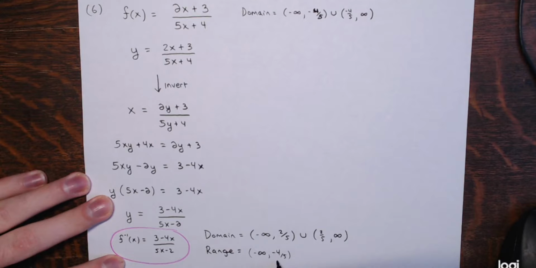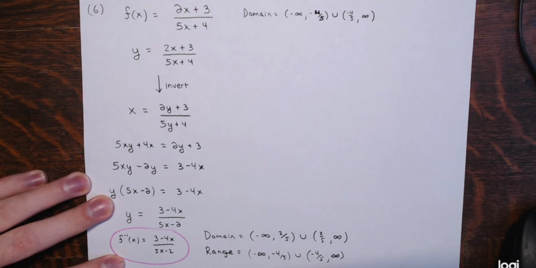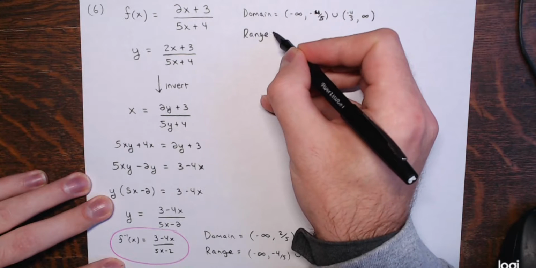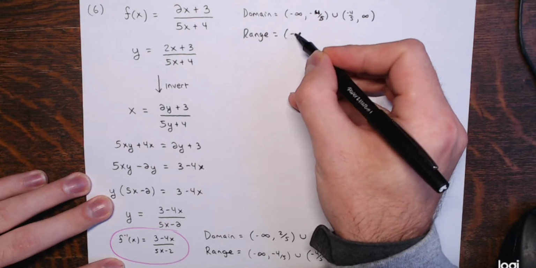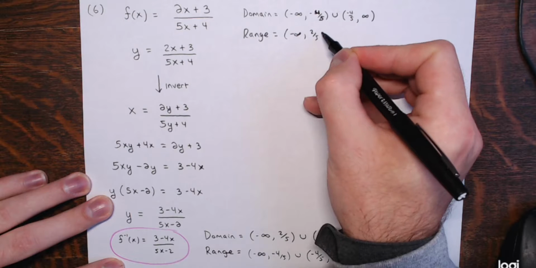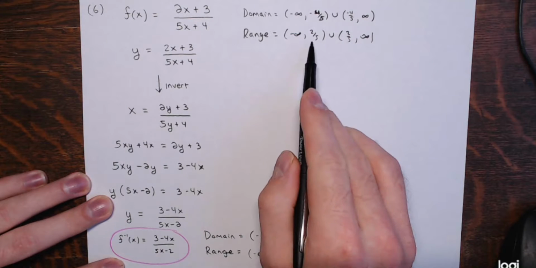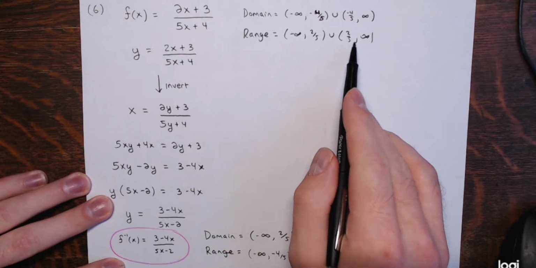So from negative infinity to negative 4/5 in union with negative 4/5 to infinity. And then, since the domain of f inverse is everything but 2/5, that's the range of f. The range of f is every real number except 2/5, so from negative infinity to 2/5, and from 2/5 to infinity.